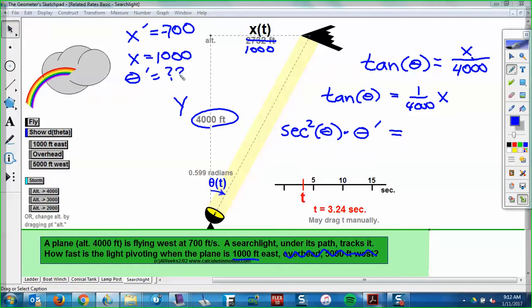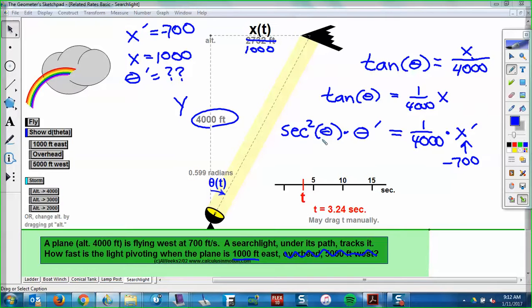What we're trying to find is theta prime, right? So there's got to be a theta prime in there. Equals, what's the derivative of this? 1/4,000 times x prime, right? Do normal derivative, which means you just have a 1/4,000 and then times an x prime. Well, we know x prime is negative 700. I'm just going to stop right here, but we're going to plug in a negative 700 right there.